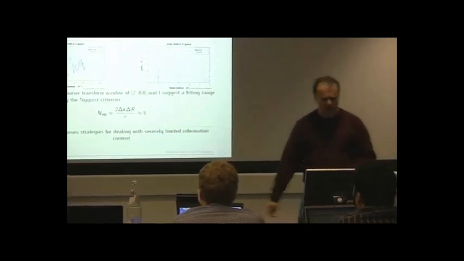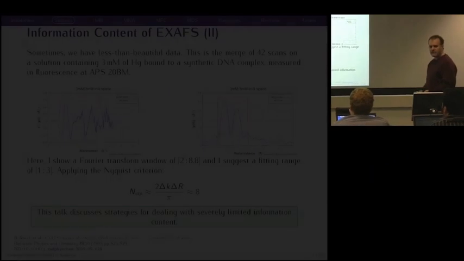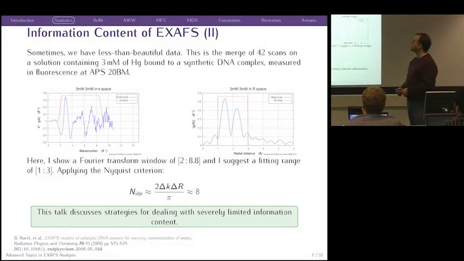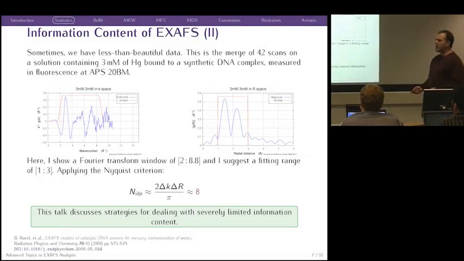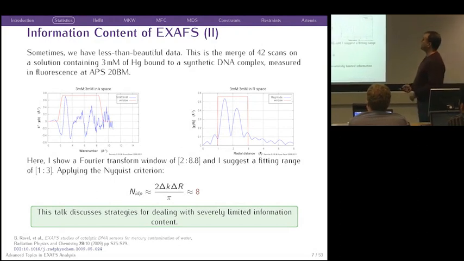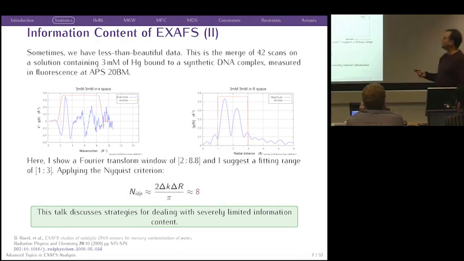At the other end, you have something that isn't exactly beautiful, and this is the not-beautiful example I gave yesterday also, where I spent 22 hours measuring 42 scans of a fairly low concentration of a solution containing mercury.